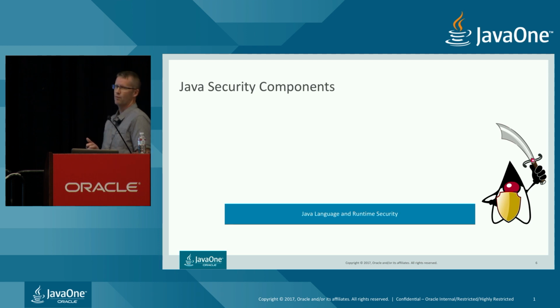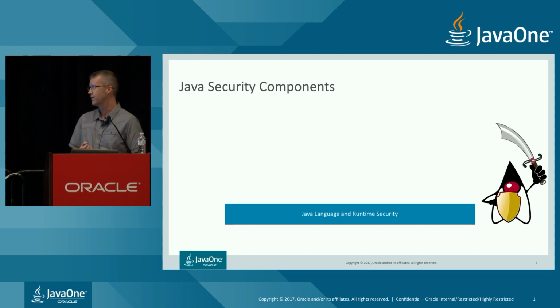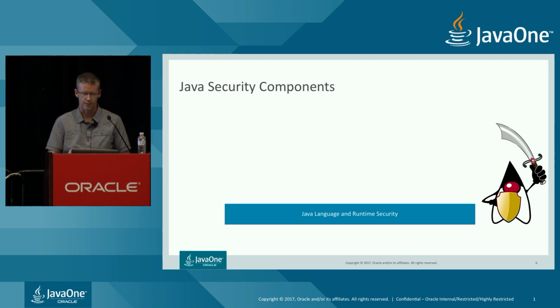And then there are features at runtime, such as the bytecode verifier, which makes sure your bytecodes are well-formed and have not been tampered with. And then optionally, you can also enable a security manager at runtime. The security manager acts as a central authority for protecting your sensitive resources from potentially untrusted code.